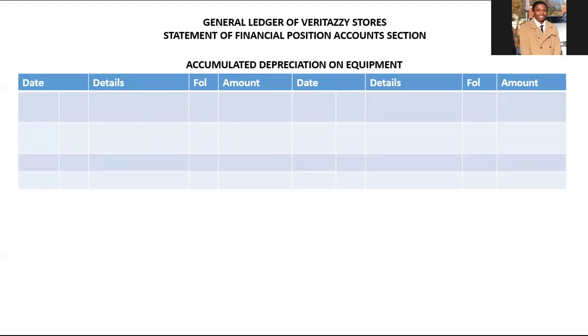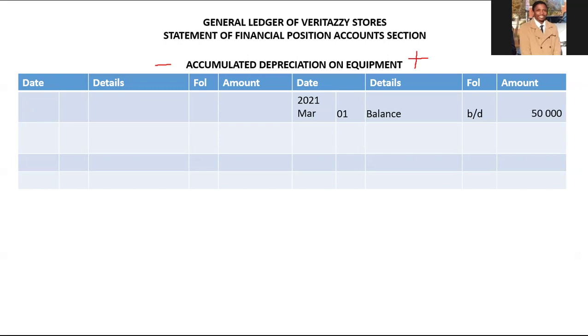Try the accumulated depreciation on equipment. The signs will be minus, plus. The balance at the beginning of the year will be 50,000.